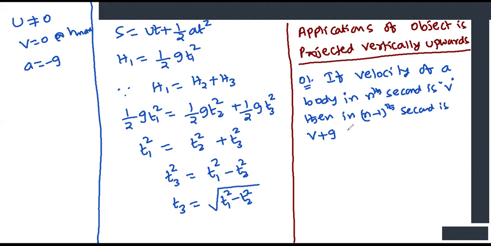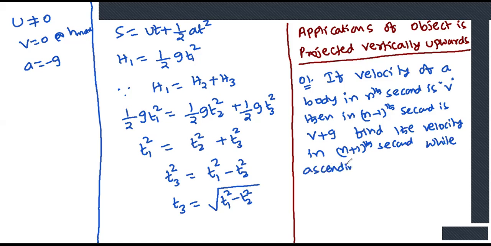Find the velocity in the n plus 1th second while ascending, or moving up. While it is ascending, we need to find the velocity of the particle.